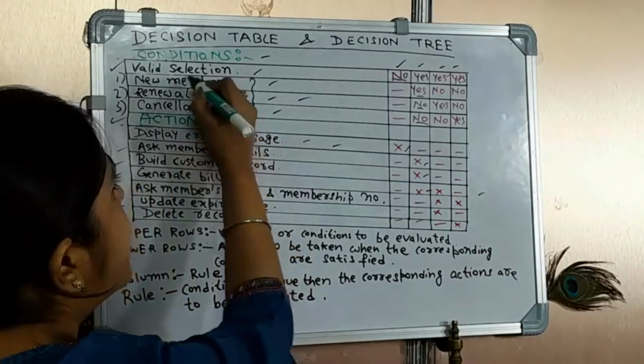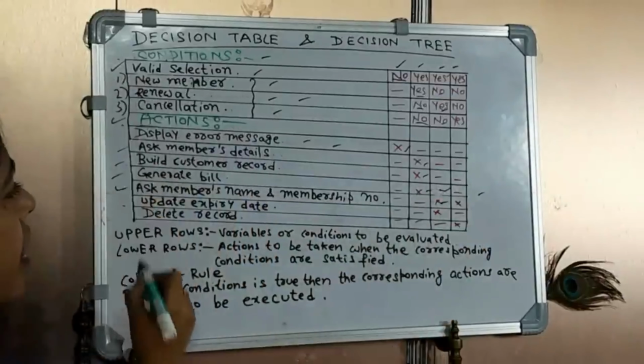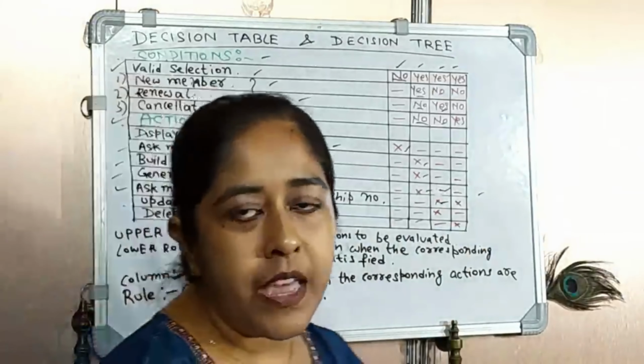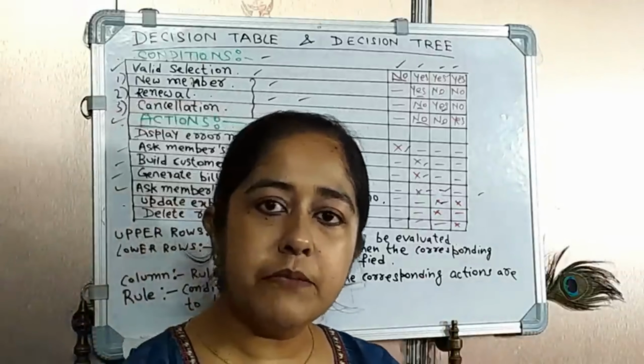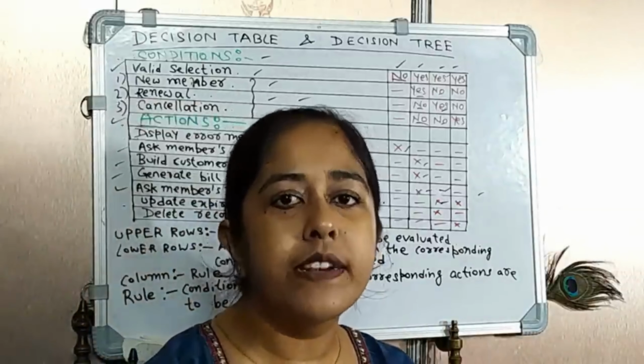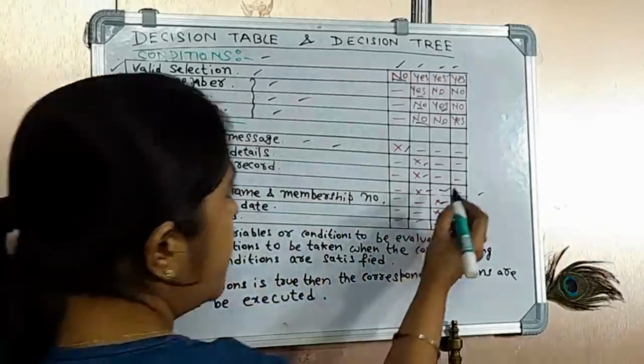So what will be the action for this column? First of all, it will ask for your member details, your name and membership number. Since you are a member and you want a renewal, it will ask for your name as well as your membership number.